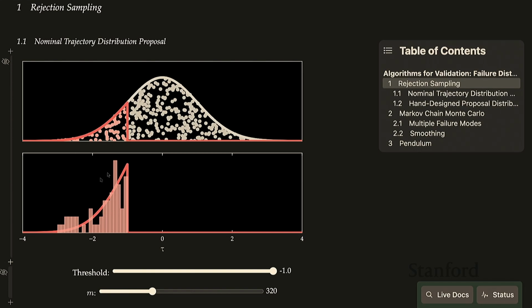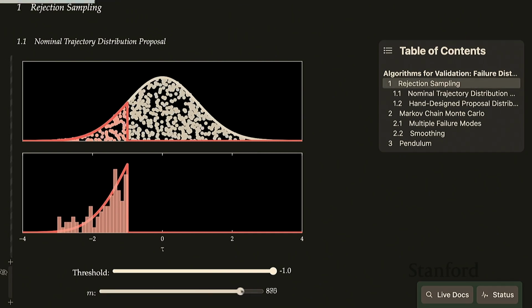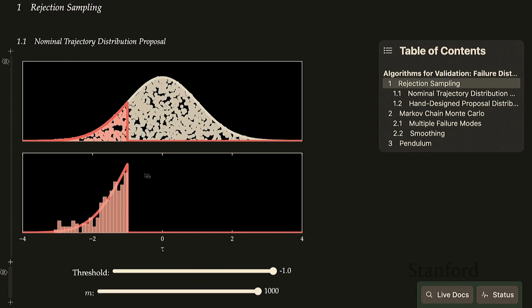And this plot down here is showing the true failure distribution, which we can compute for this small toy problem, plotted against a histogram of the samples we're getting. You can see as we produce more and more samples, we get something that's roughly shaped like that distribution.